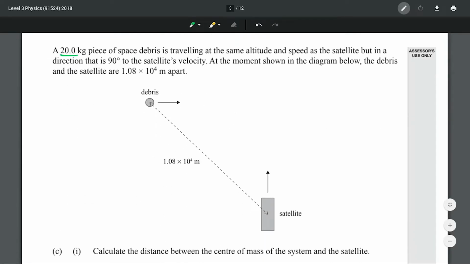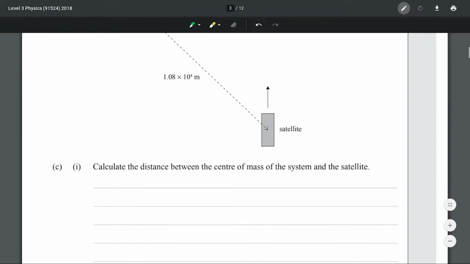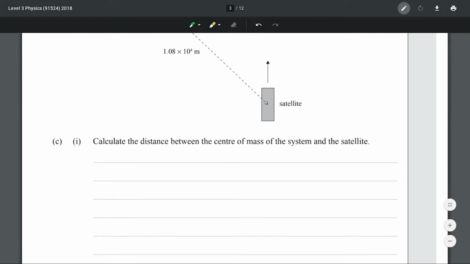A 20 kg piece of space debris is traveling at the same altitude and speed as the satellite, but in a direction that is 90 degrees to the satellite's velocity. At the moment shown in the diagram below, the debris and the satellite are 1.08 times 10 to the 4 meters apart. Calculate the distance between the center of mass of the system and the satellite.